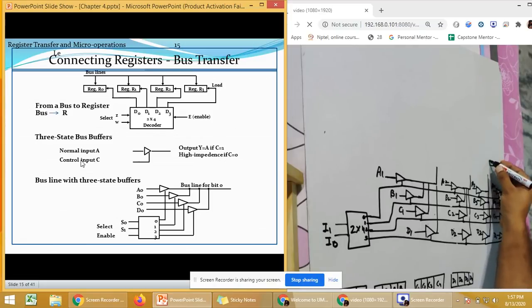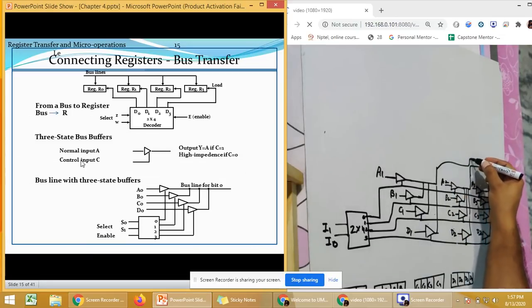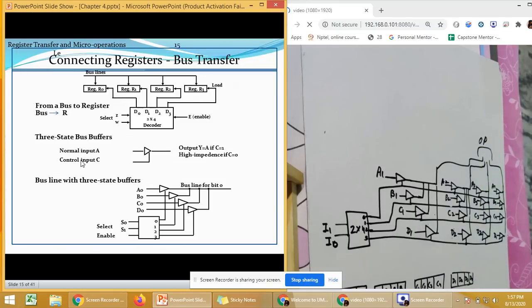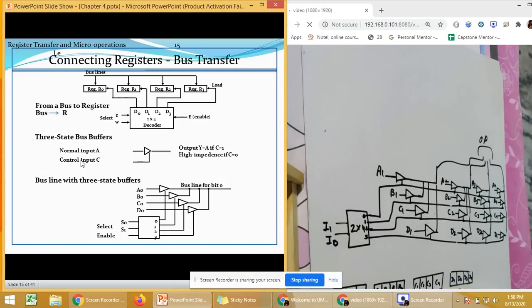So now we are having four different outputs at this place. This is the output for all of our registers. This is how we are connecting A1 first bit here, second bit at this place, third bit for register A here, fourth bit here. Similar for B1, B2, B3, B4, C1, C2, C3, C4. Similar for D1, D2, D3, D4. So all are connected in this way.